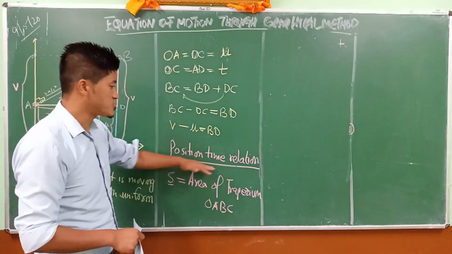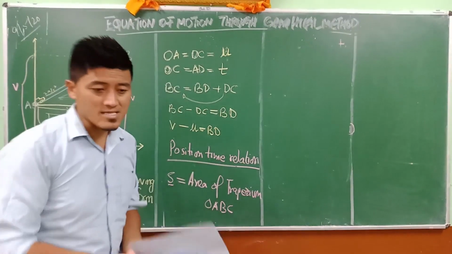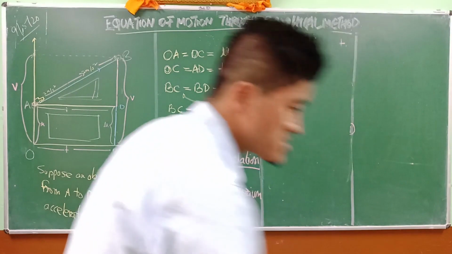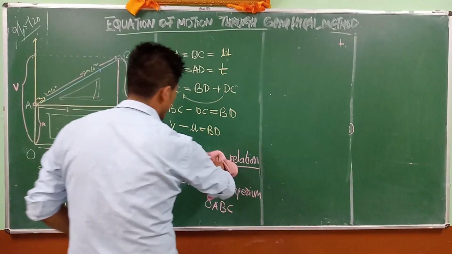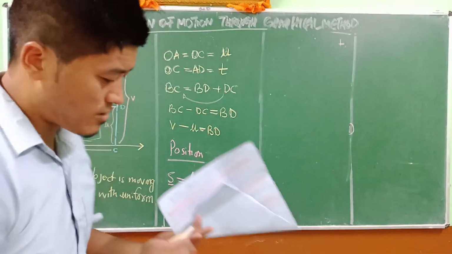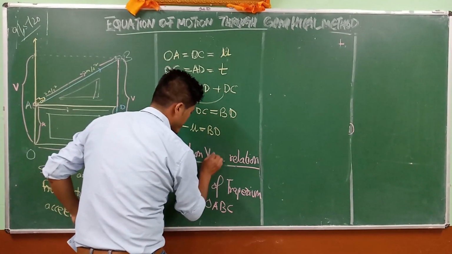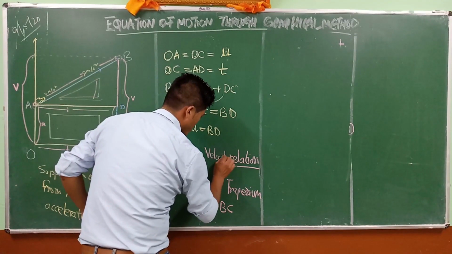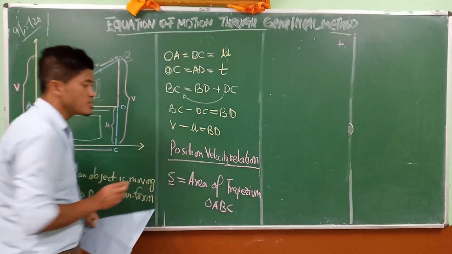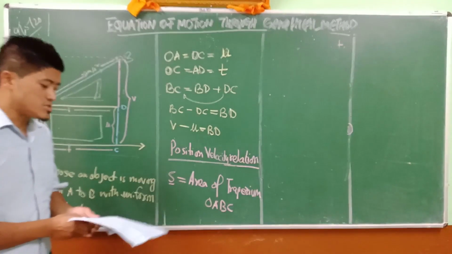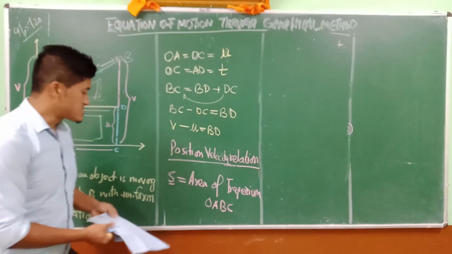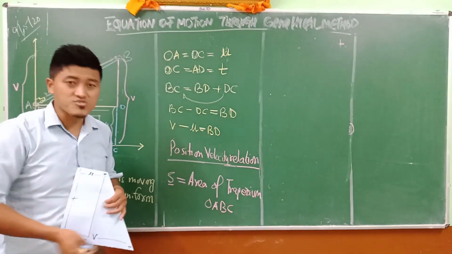Same thing, position time relationship. Now in this case it has changed a little. This is not position time; instead of writing position time, we are going to write position velocity. Position velocity relationship. So again, this displacement is equal to the area of the trapezium.